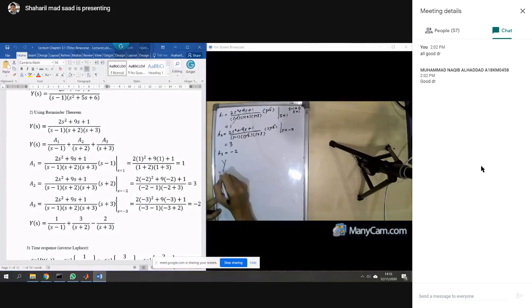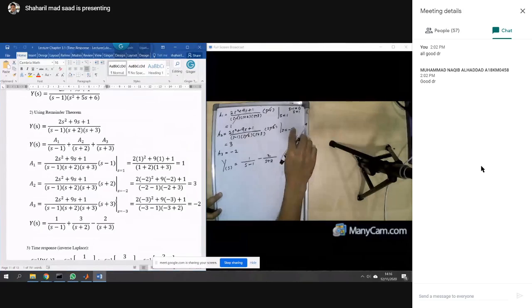Right. And the final one, Y(s) is equal to 1 over s minus 1, right, here, because the A1 over s minus 1, and then 3 over s plus 2, and then minus 2 over s plus 3.